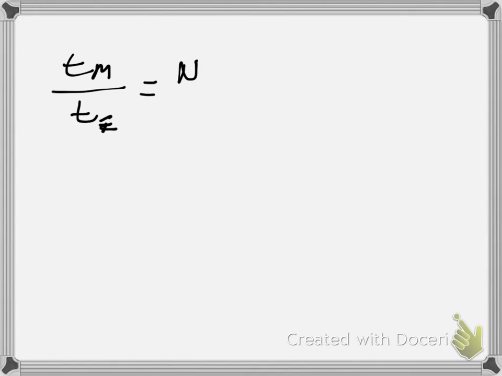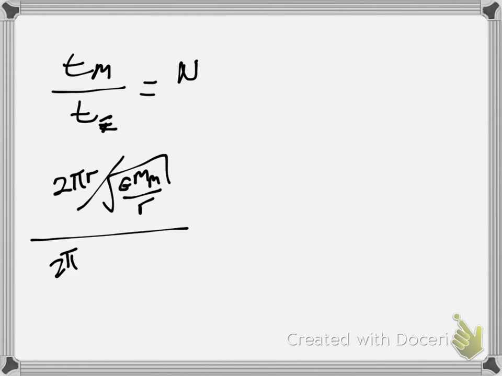So for Mars, we're going to get 2 pi r divided by the square root of big G mass of Mars over the radius, and then taking 2 pi r over the square root of big G mass of the Earth over r.